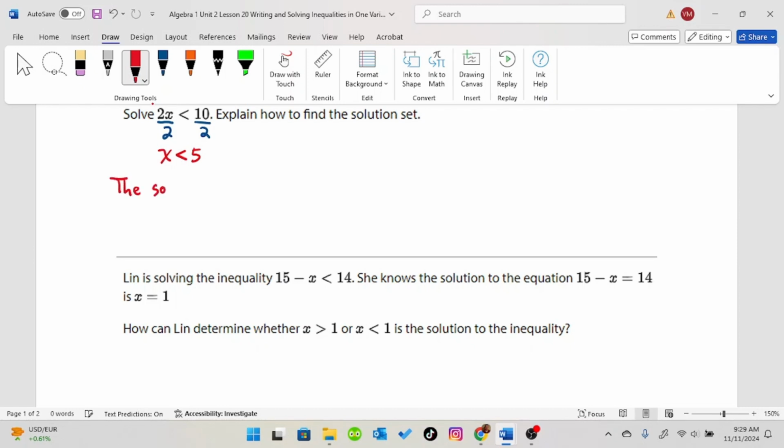The solution set is all numbers less than 5.